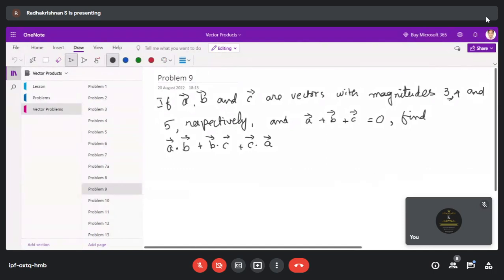There is a vector A, there is a B, and a C, and we come back to the same place, right? So it is a triangle with sides 3, 4, and 5.